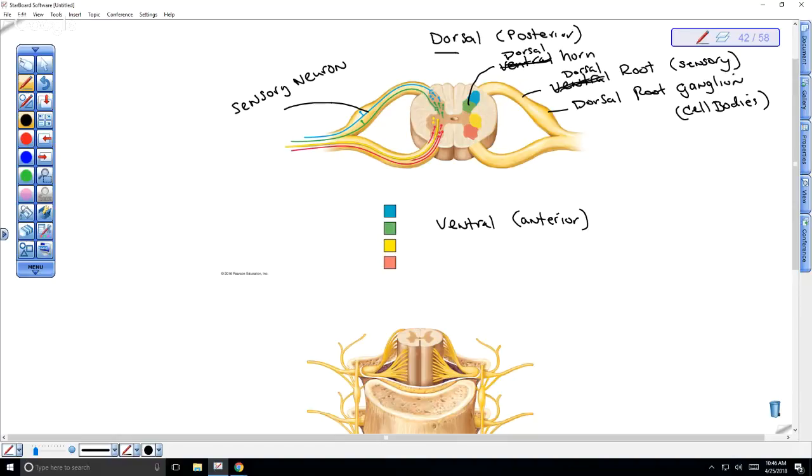Okay, so this would be the ventral horn. This is the ventral root. Notice that there is no enlargement. There is no ganglion. And the reason why is that all of the motor neurons have their cell body in the spinal cord. So their cell bodies do not exist outside of the spinal cord.